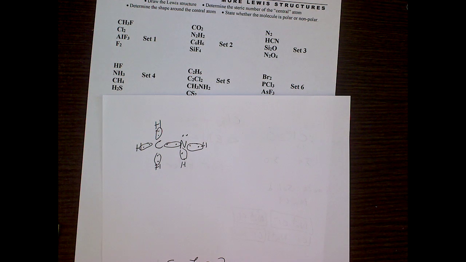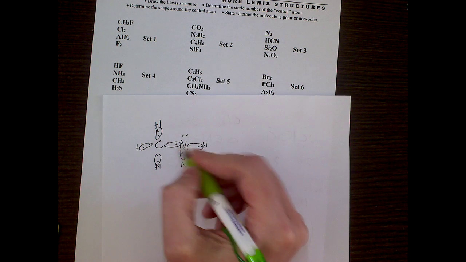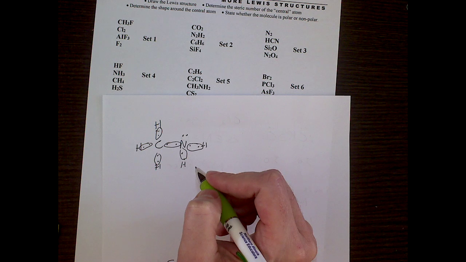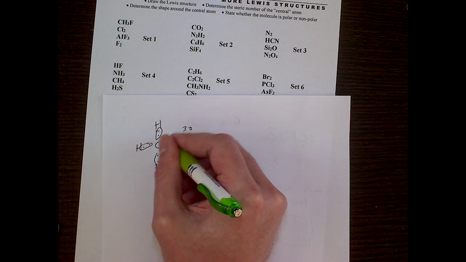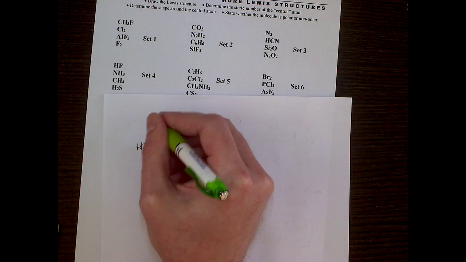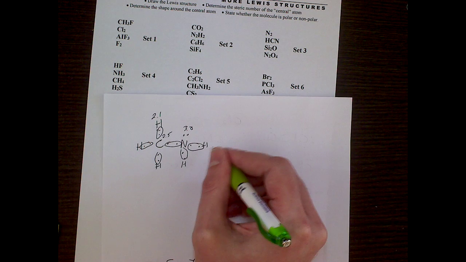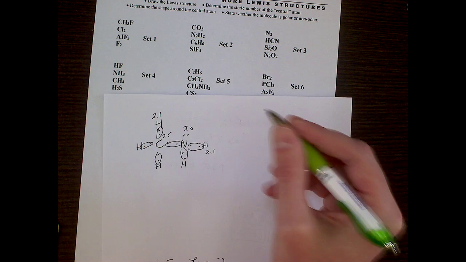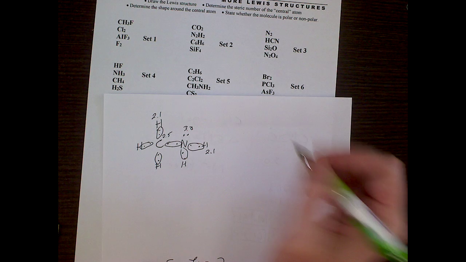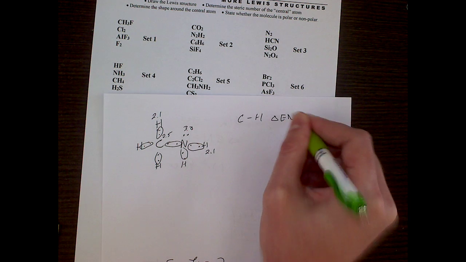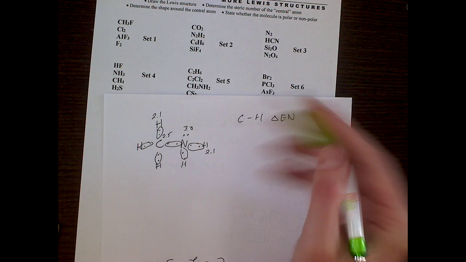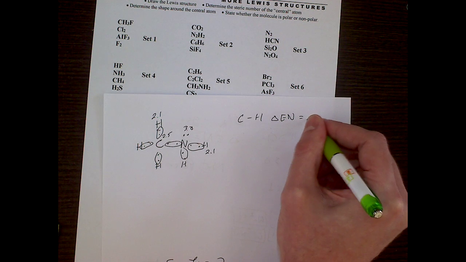Here's what we have. Let's put the electronegativities on here. Nitrogen is 3.0, carbon is 2.5, hydrogen is 2.1, and 2.1. Okay, so I've got lots of bonds going on here. I've got carbon to hydrogen. My delta EN for this is 2.5 minus 2.1, which is 0.4.